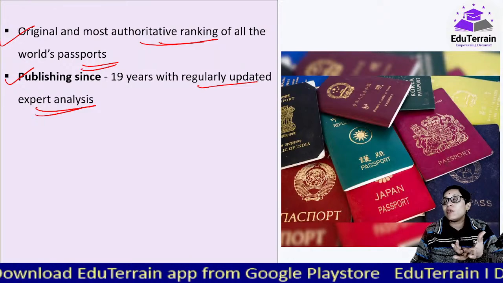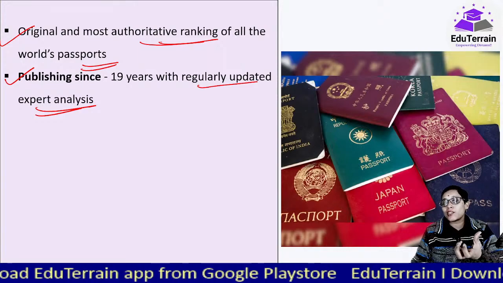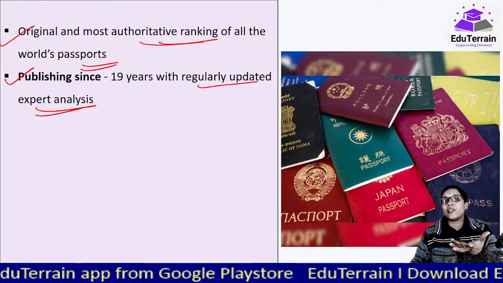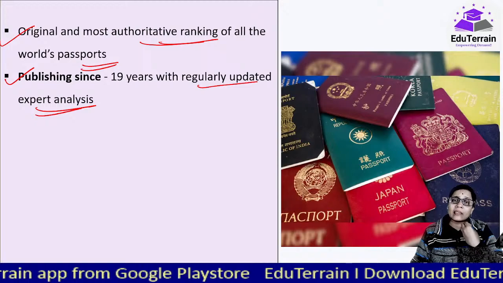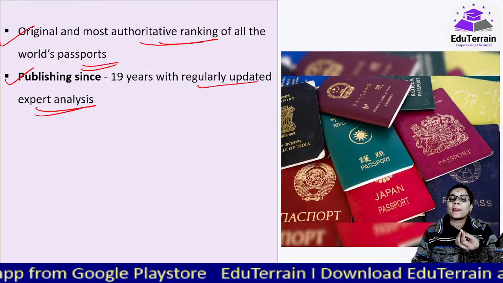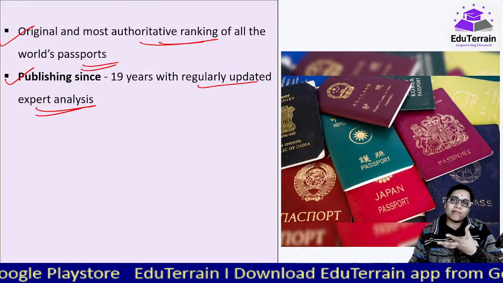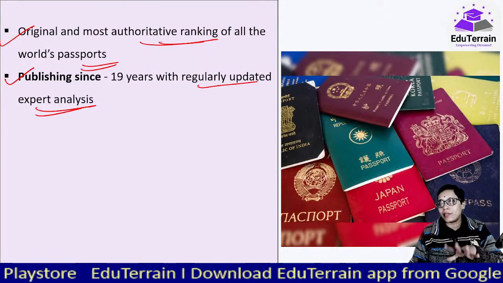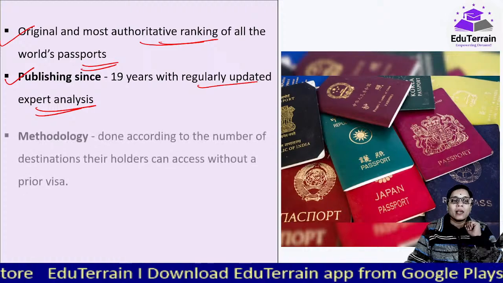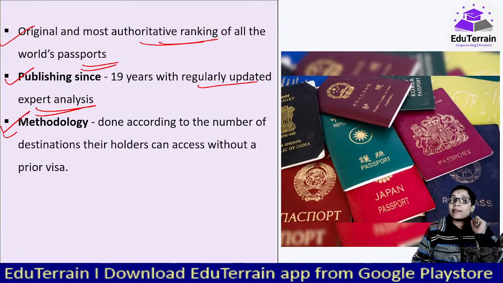That is, even without a visa, this passport will help us in entering other countries. The higher the number of such visa-free entries, the more powerful that country's passport is, in simpler terms. Okay. Now, what is the methodology that they have followed?